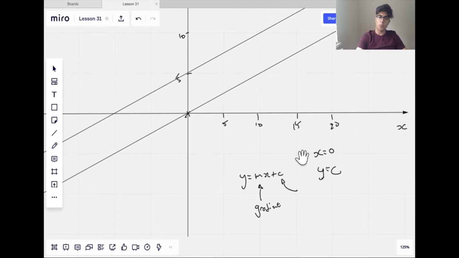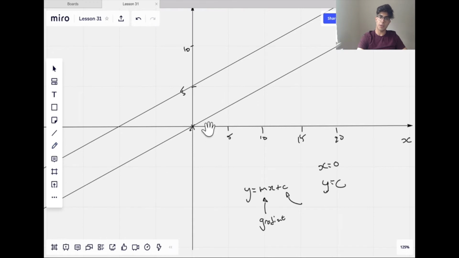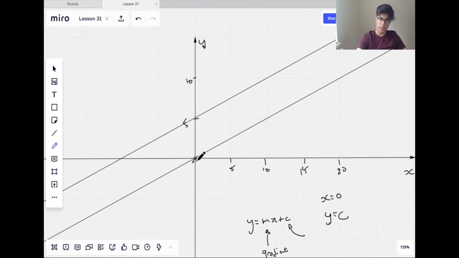So this is what we call the y-intercept, because if we look at the y-axis, when x is 0, what y equals is the point at which the straight line intersects the y-axis, so that's why we call it the y-intercept.